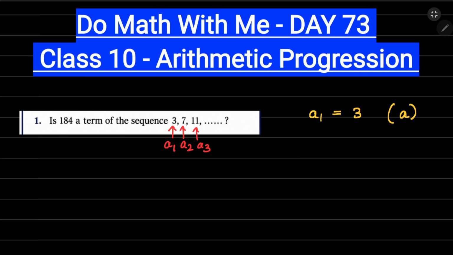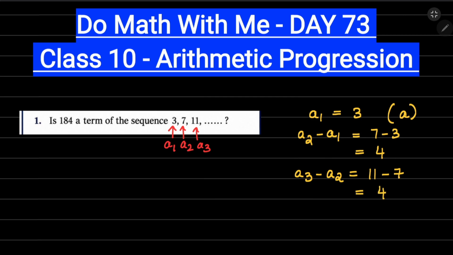The common difference between the consecutive terms, that is a2 minus a1, second term minus the first term, 7 minus 3, which is equal to 4. Let us find out the third term minus the second term, that is 11 minus 7, that is also 4, right?